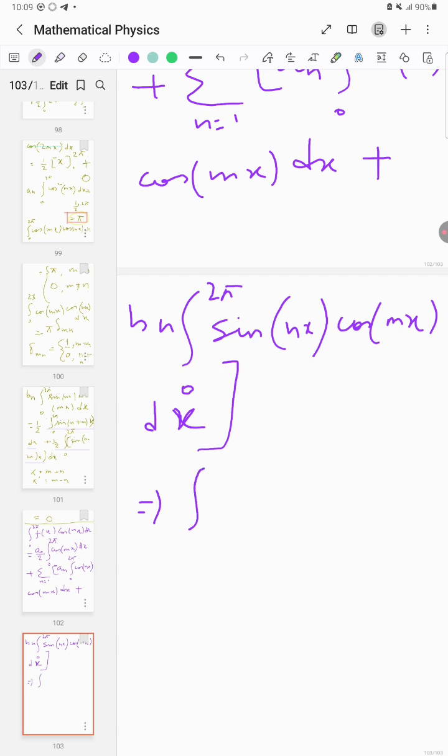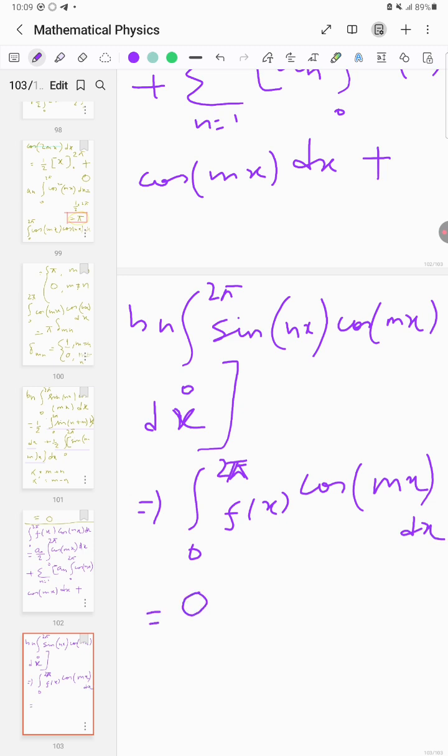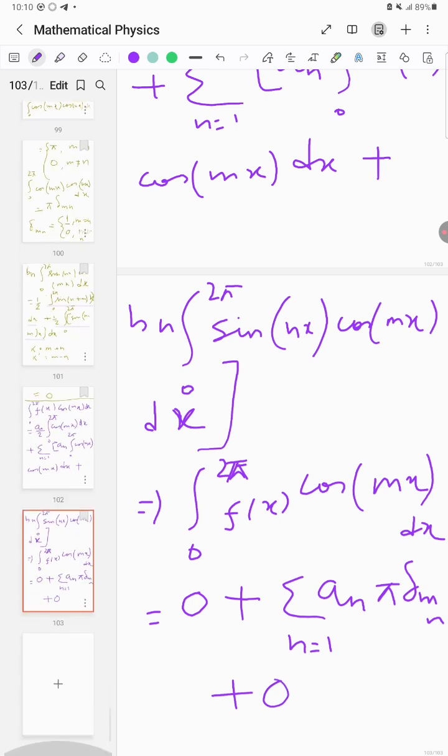integration 0 to 2 pi, writing the left hand side first, f of x cos mx dx is equals to 0. The first term was 0, plus the Dirac delta term and again a 0 term, plus summation n equals 1, that is summation over n, pi delta mn, again plus 0.